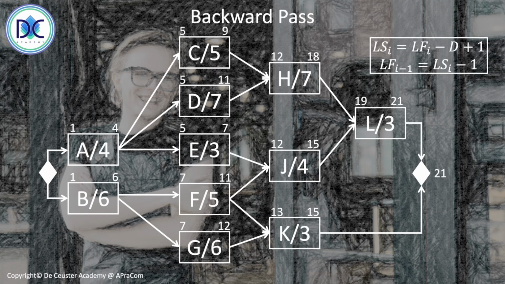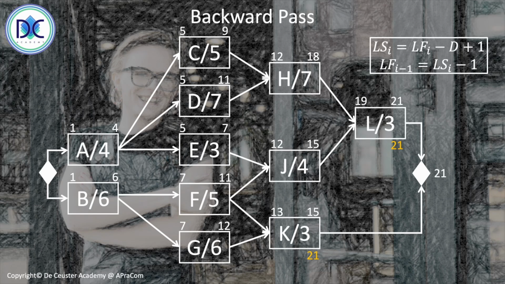But K finishes at 15, and I've seen people starting to do the calculation backward here from 15, which leads, of course, to errors, because the late finish time of activity K, the latest time activity K can finish without changing the duration of the project, is also 21 periods.